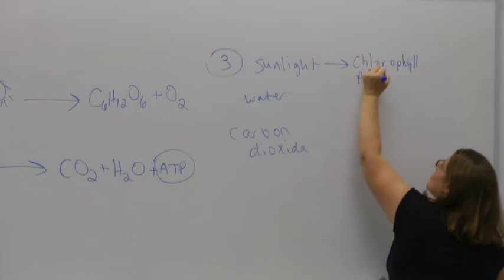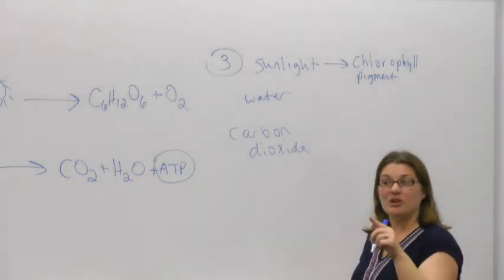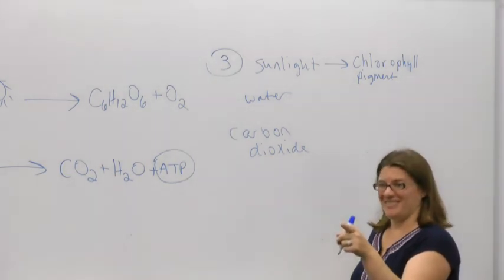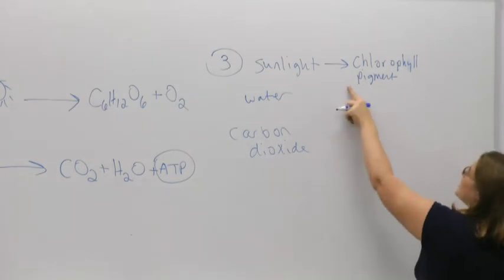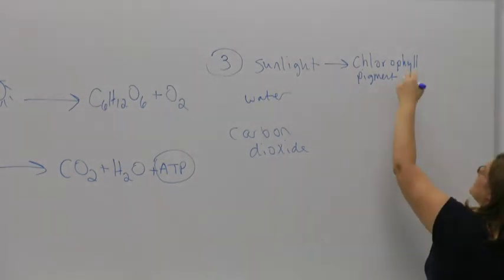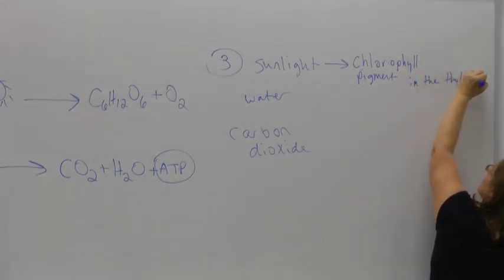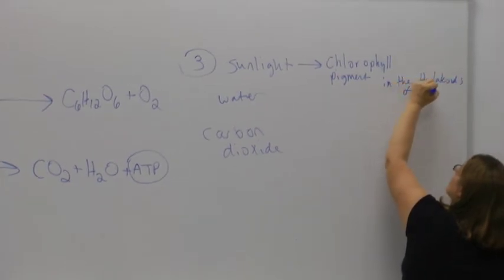And where is that chlorophyll pigment? Chlorophyll pigment, which is in what? More specific. The thylakoids of the chloroplast. So the sunlight is absorbed by the chlorophyll pigment in the thylakoids of chloroplast.